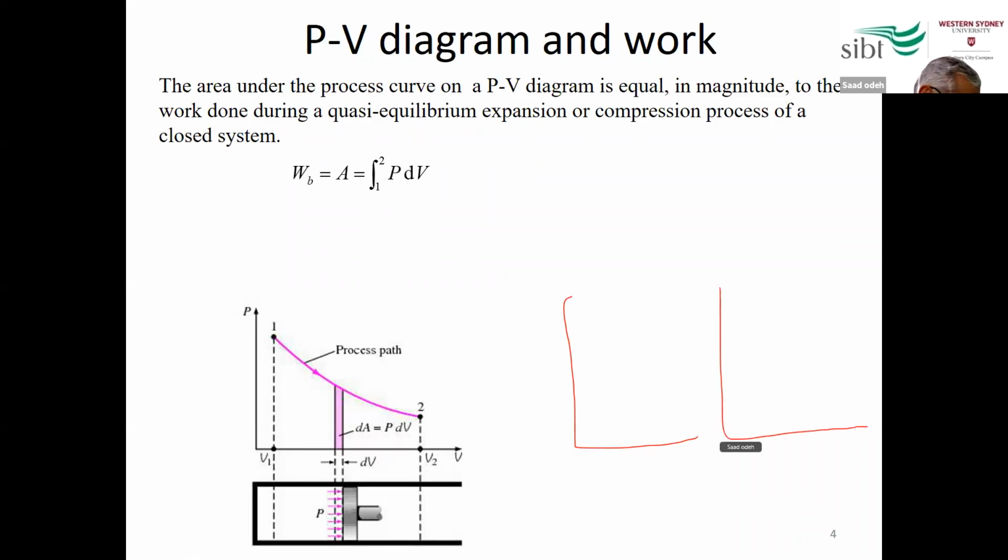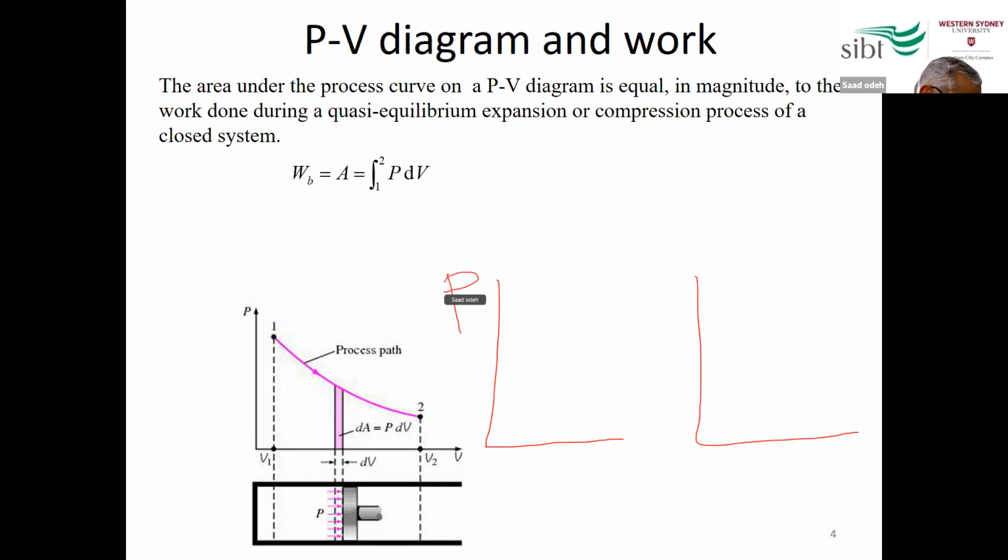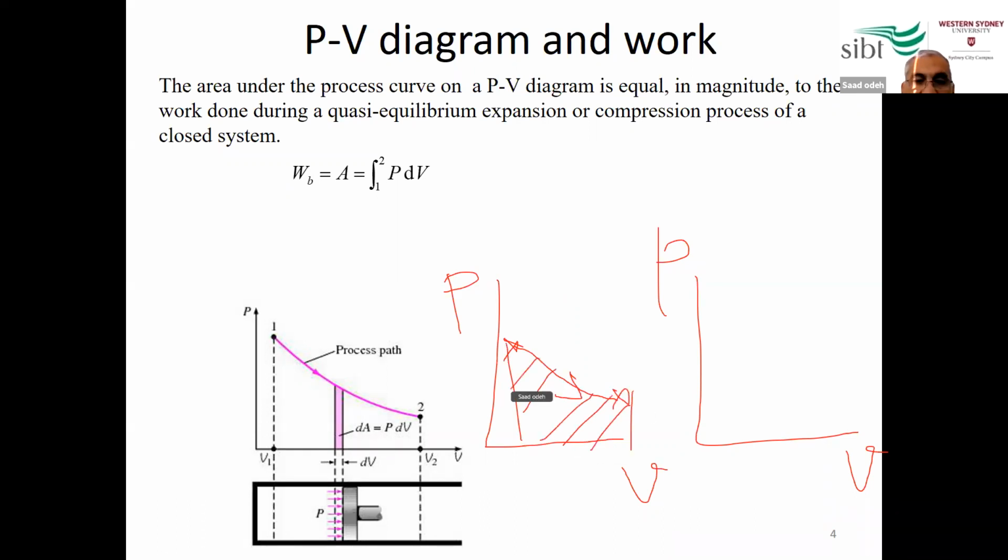Again, this is the pressure-volume diagram. This is pressure and this is volume. If I have, for example, expansion in this way, the area under the curve represents the work done, because it is the integration between 1 and 2.